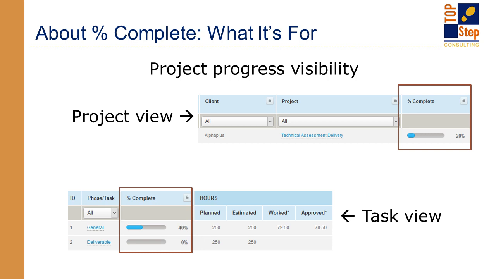That's one of the switches. And then the project reflects all of the tasks within that. So here we've got the task view saying my general task is 40%, my deliverable task is 0%. Therefore, as a whole roll-up, my project is 20% complete. So again, just at a very high level, what the percent complete is looking at.